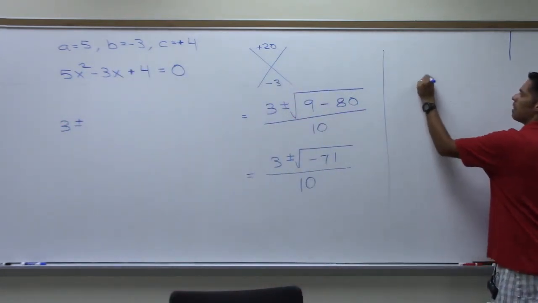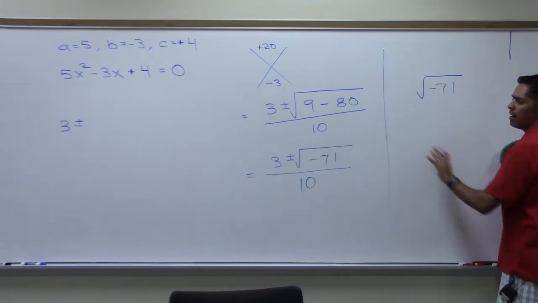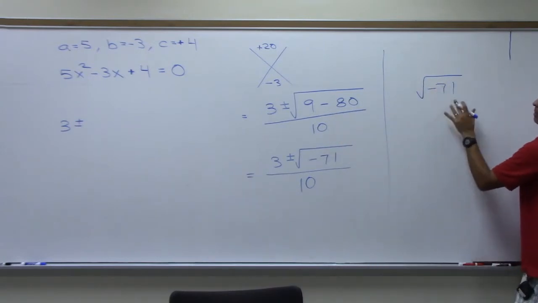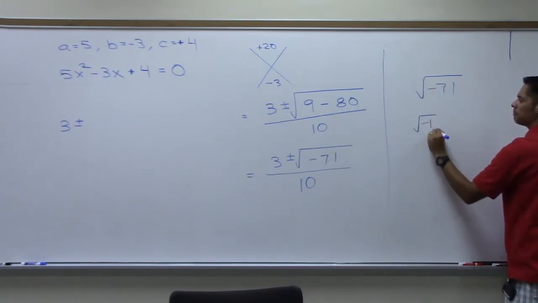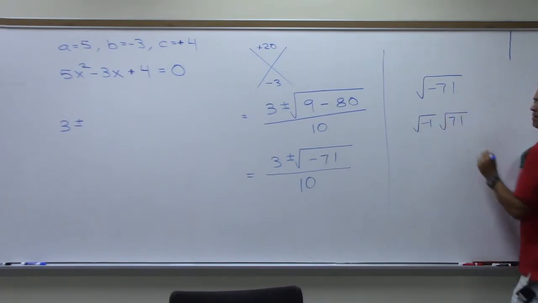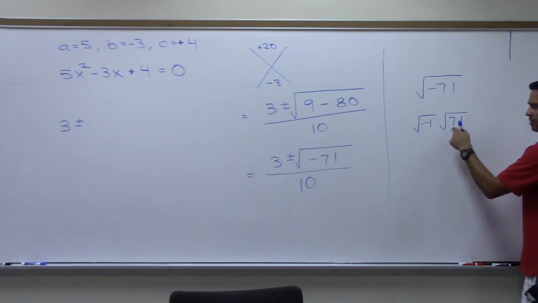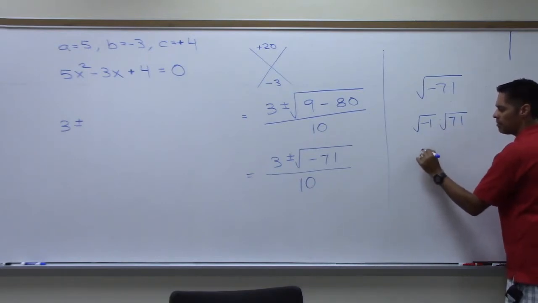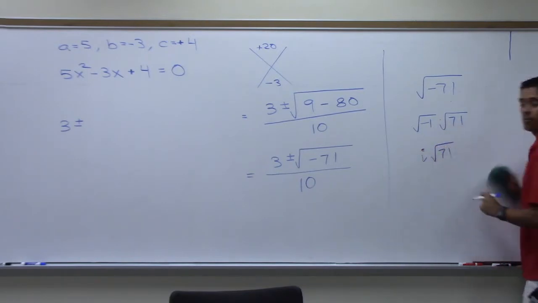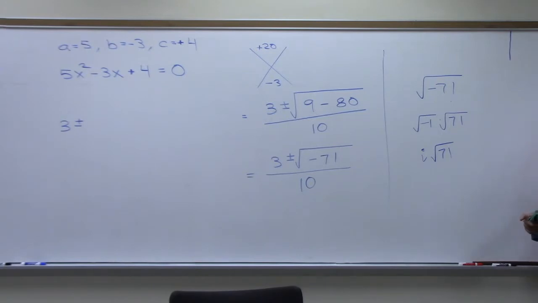Watch. This is what I'm going to do. Here's what I'm looking at, right? I'm going to continue this over there. But think about this as being this, right? That's what that is. And this is root 71. That's I, right? I times root 71. So, what? Was that a question? Do you see that?